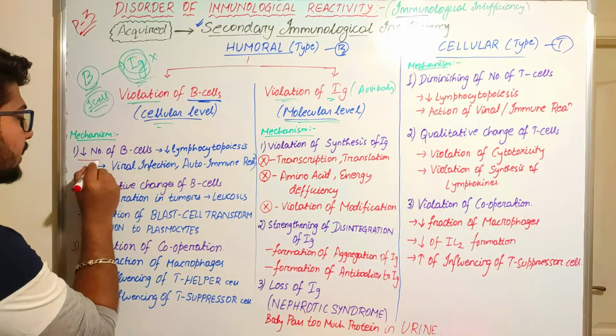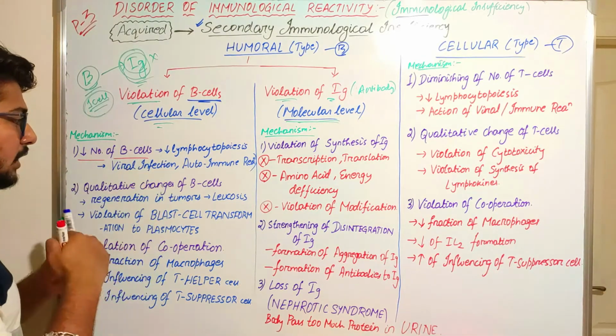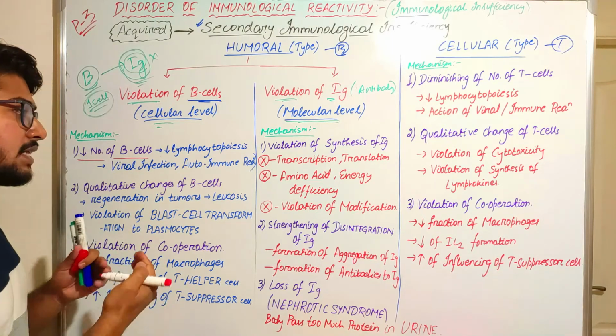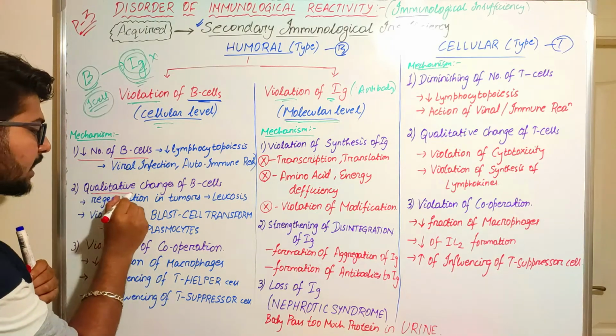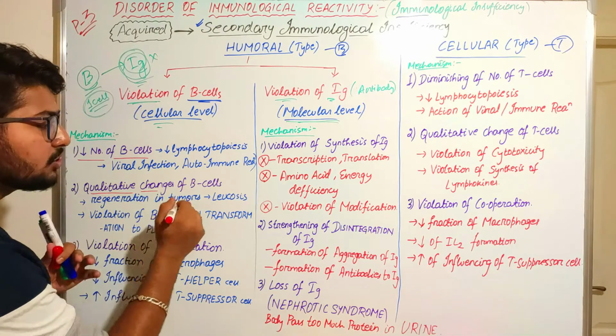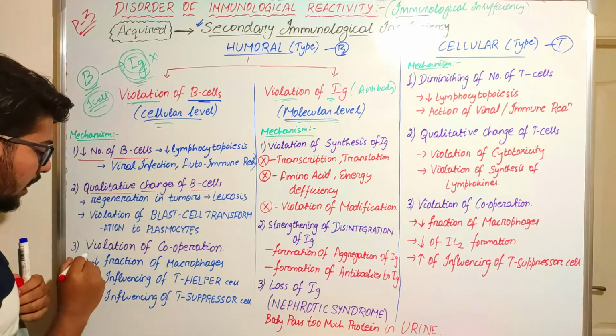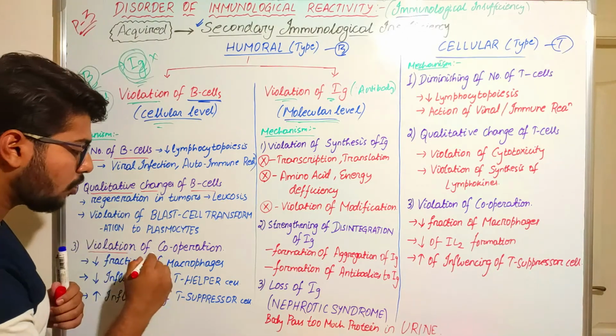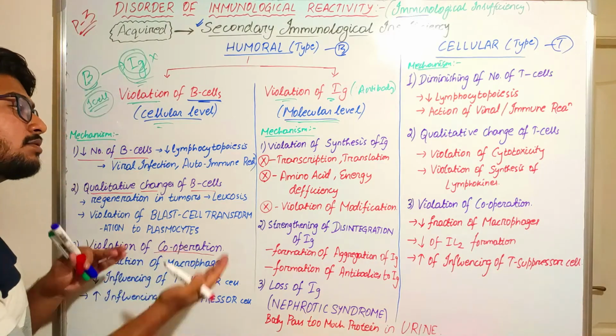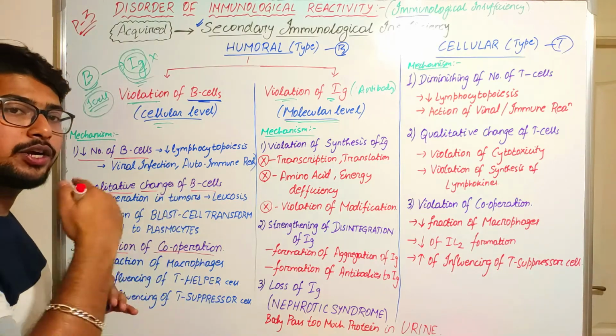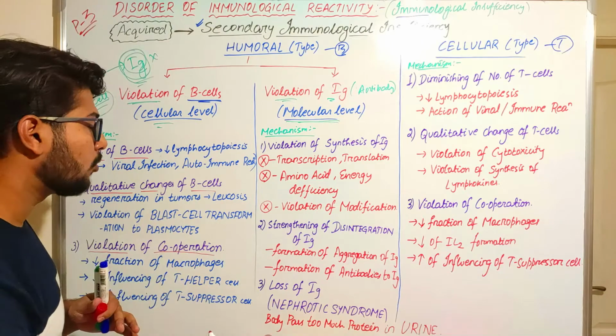Second, there will be a quality change of B lymphocytes. And third, there will be violation of cooperation that helps the B lymphocytes produce their actions by producing the antibodies.